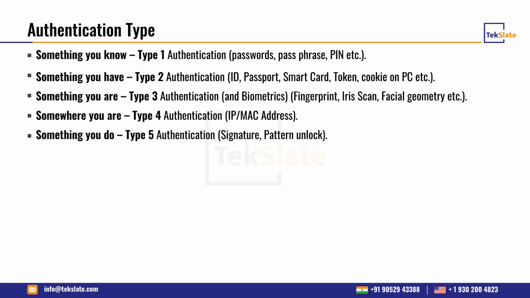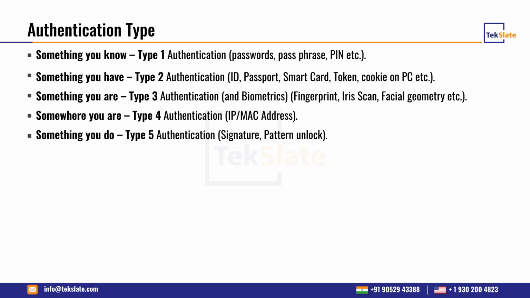Something you have is type 2 authentication, right? It is something you physically have, like a token, either an OTP or an authentication app like Google Authenticator or Microsoft Authenticator. Even a smart card that you swipe to enter a room or building. Even cookies on PCs are also called something you have.